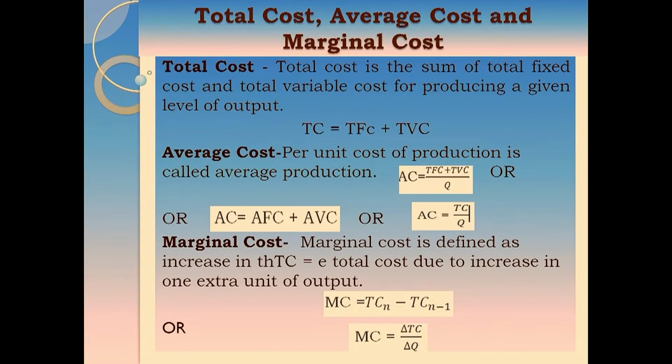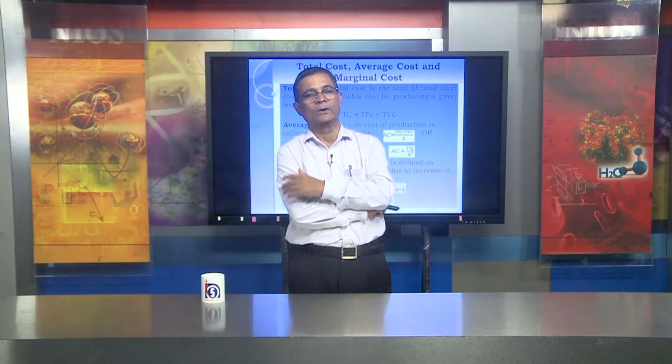See, how do we calculate total cost, average cost and marginal cost? Let us understand first total cost. In the previous topic we discussed about the fixed cost and variable cost.